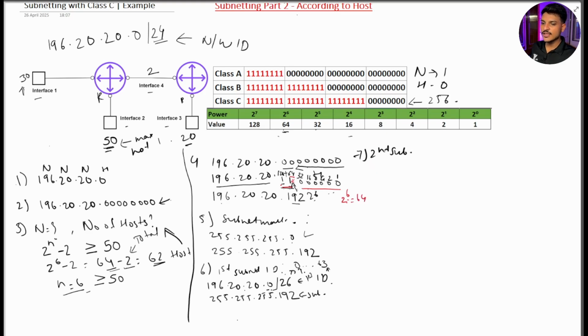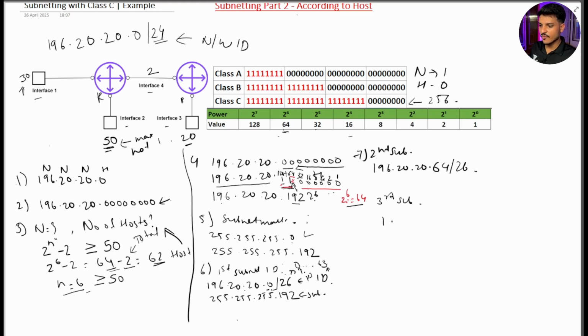Okay, so what will be our second subnet ID? We have to write the bits that are given to network as they are, so it will be 196.20.20, and now we keep adding the value that we found, which was 64. So our second subnet will be 196.20.20.64/26. Similarly, what will be our third subnet?